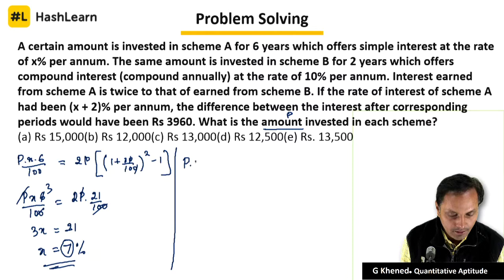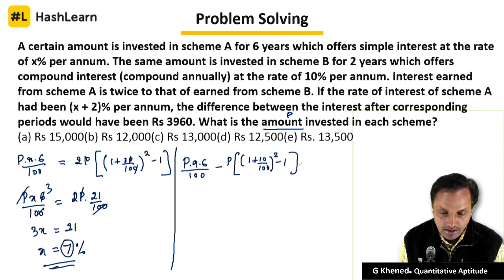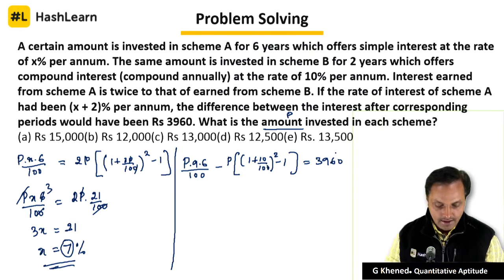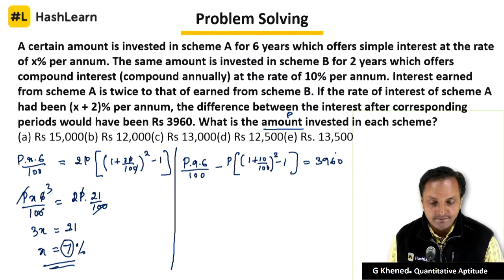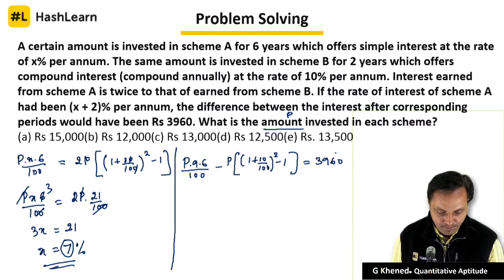P into 9 into 6 years divided by 100, the difference I will write here only, 1 plus 10 by 100 square minus 1, and the difference amount is 3960. This is the second statement. The difference in amount is 3960. Now you need to find what is P.